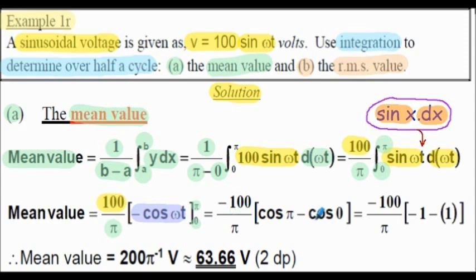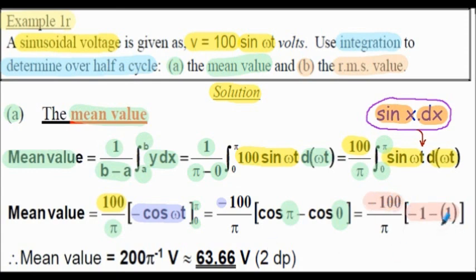On this next line here, to simplify the calculations, the negative has been taken outside of the square bracket, and now I simply insert my upper limit of pi, my lower limit of 0. Evaluating, the cos of pi is -1 and the cos of 0 is +1. Thus, evaluating the square bracket, we have -2, that's multiplied by -100 outside of the bracket.